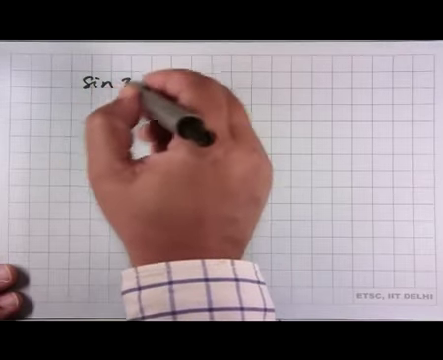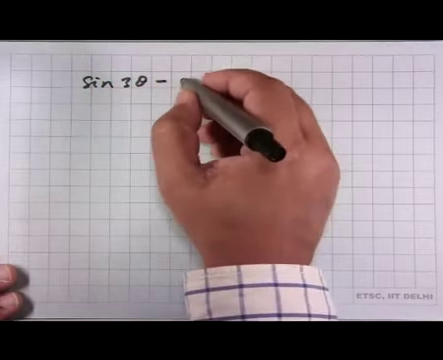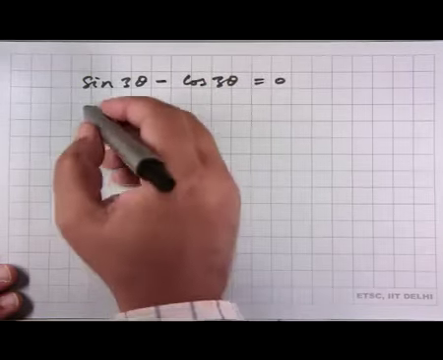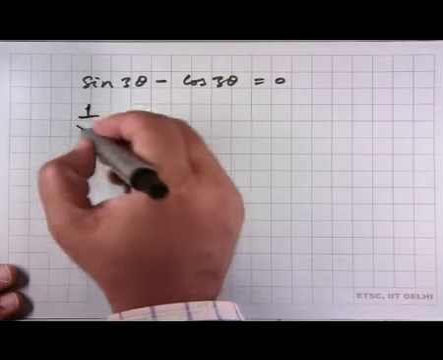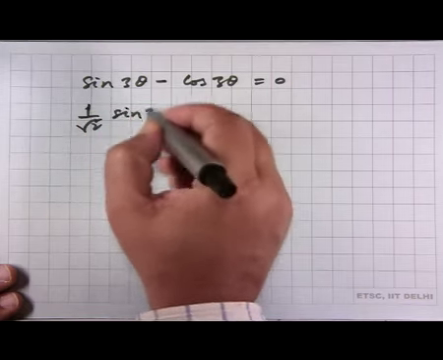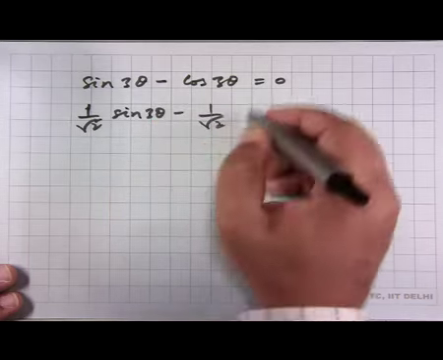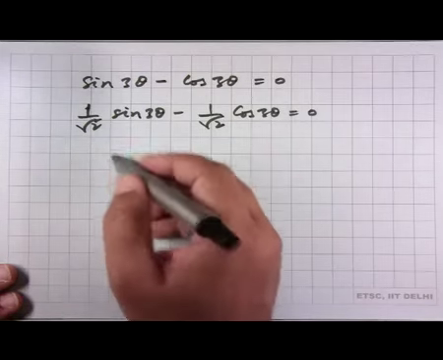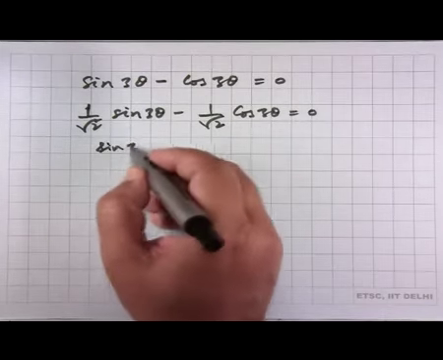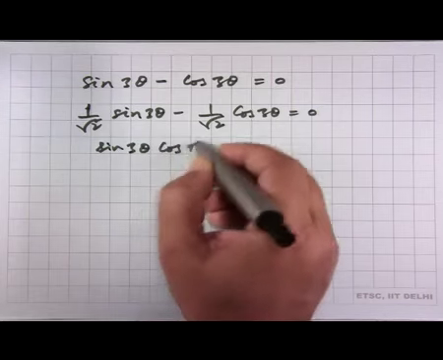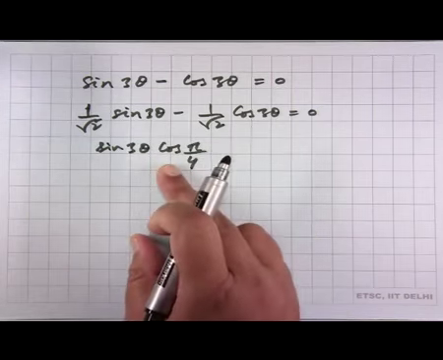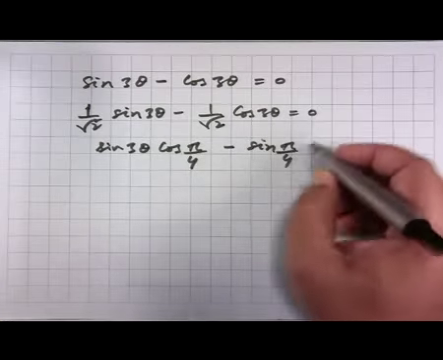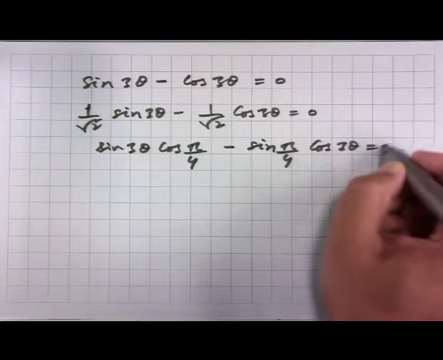Now, from the first equation here, we can write sin 3 theta minus cos 3 theta equal to 0 as 1 by root 2 sin 3 theta minus 1 by root 2 cos 3 theta equals 0, and this can then be written as sin 3 theta into cos pi over 4, because cos pi over 4 is 1 over root 2, minus sin pi over 4 into cos 3 theta equals 0.